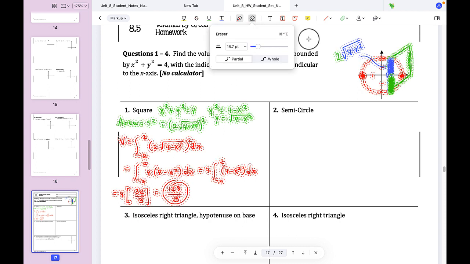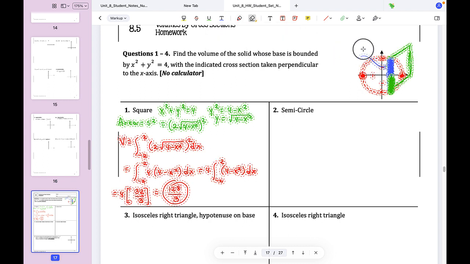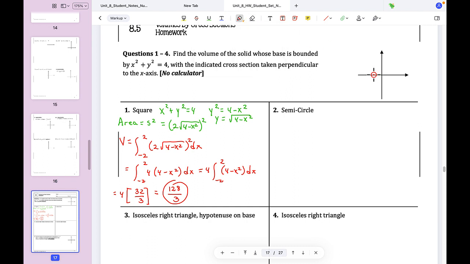Okay, let's do the same thing again, only this time I'm going to have to erase the whole thing. That's a shame because that's a nice circle. This time we're going to use semicircles. So here's my circle, and we're still going to be perpendicular to the x-axis.